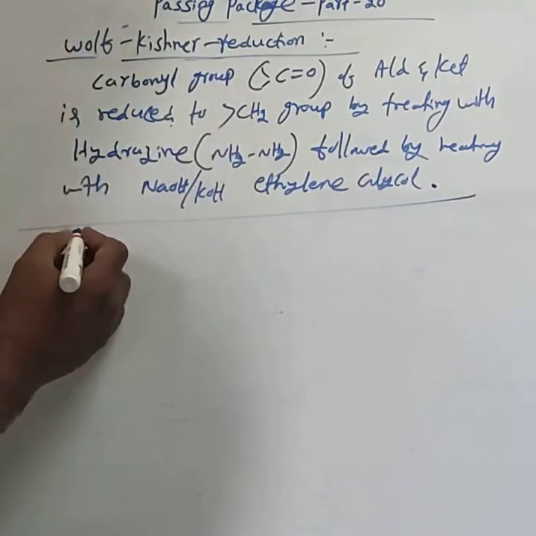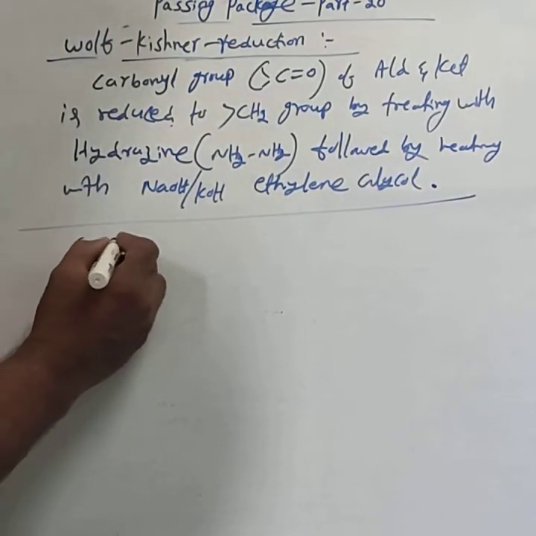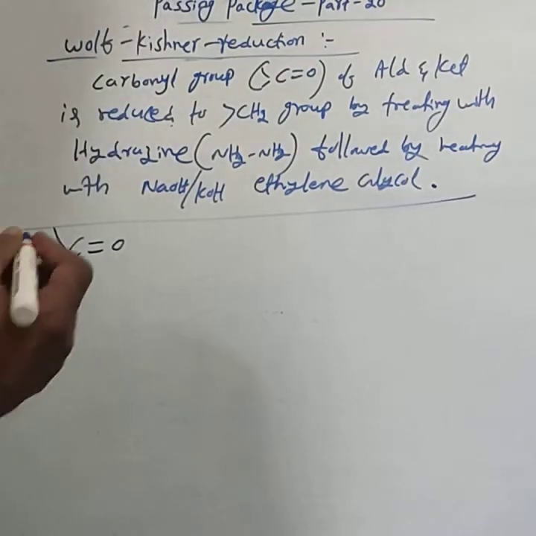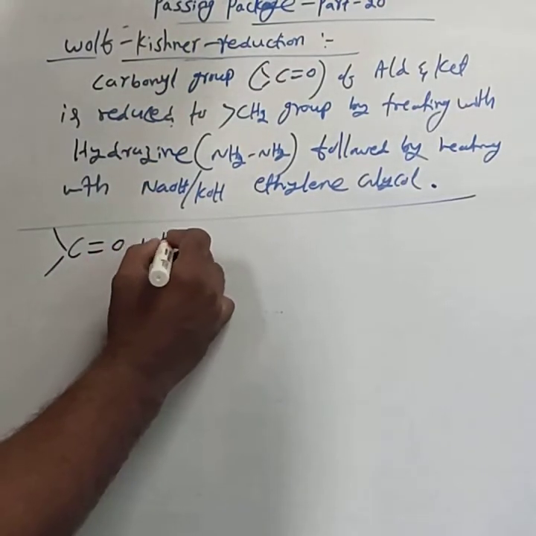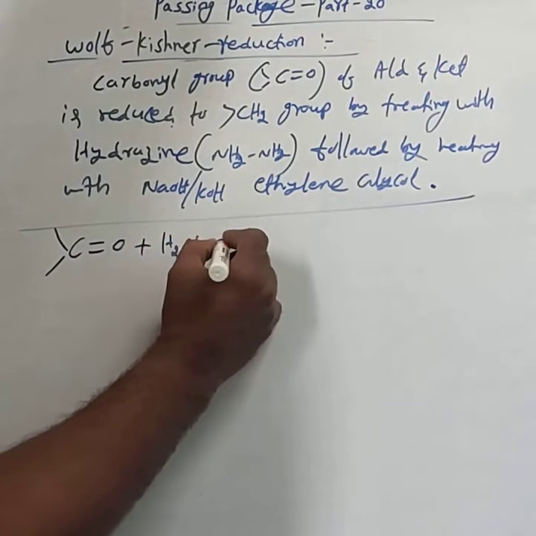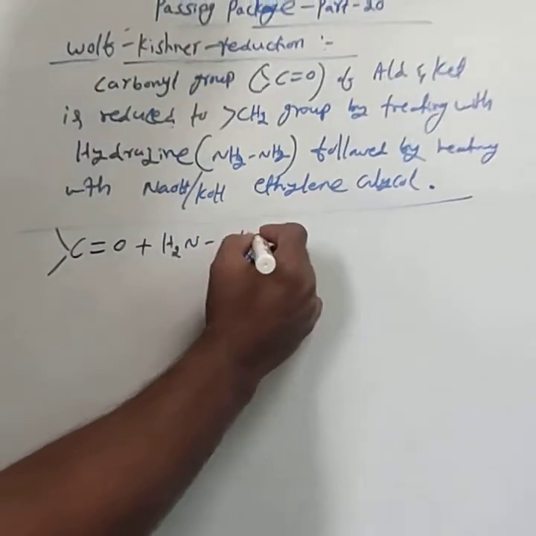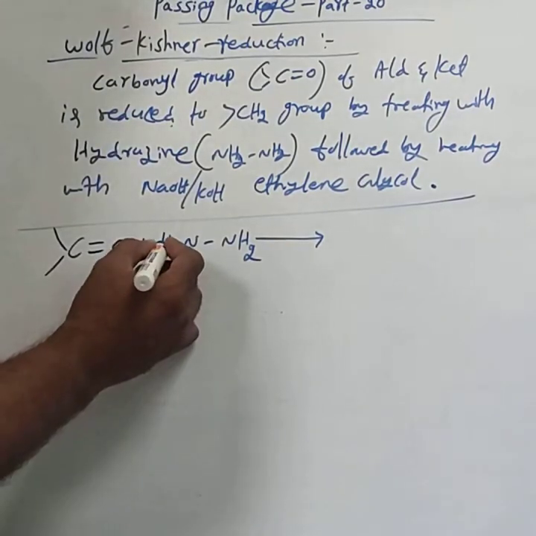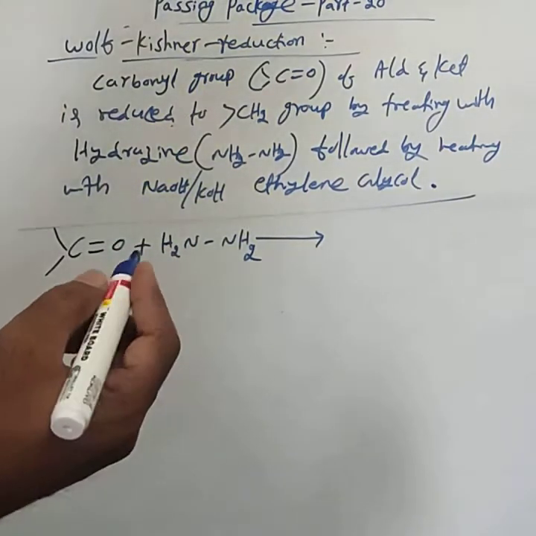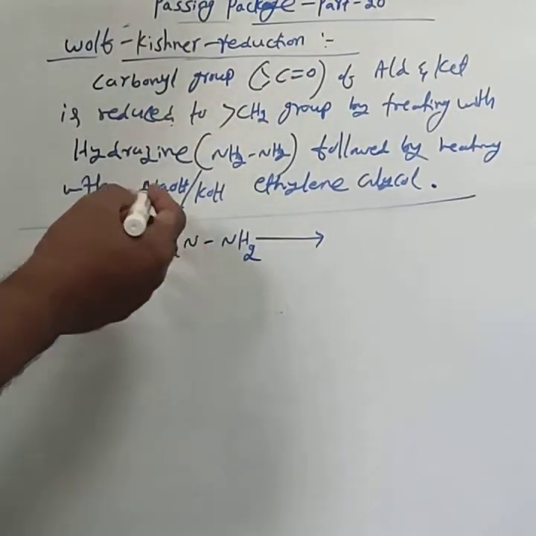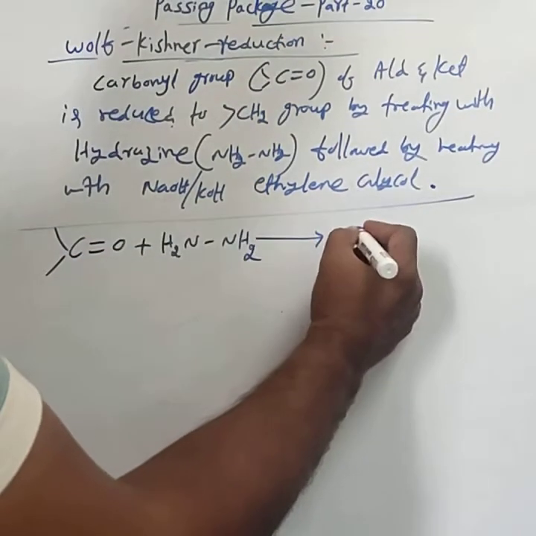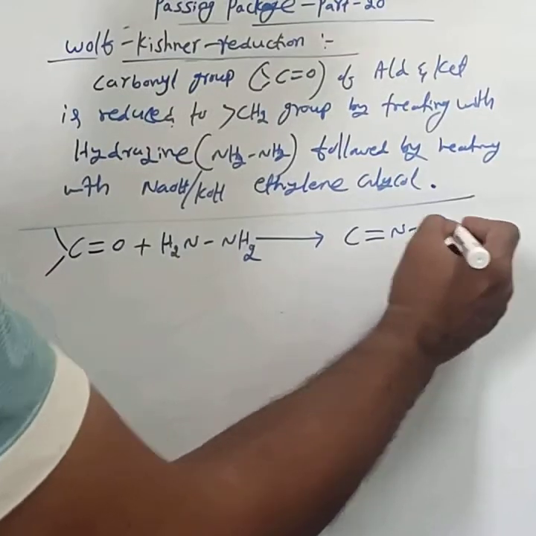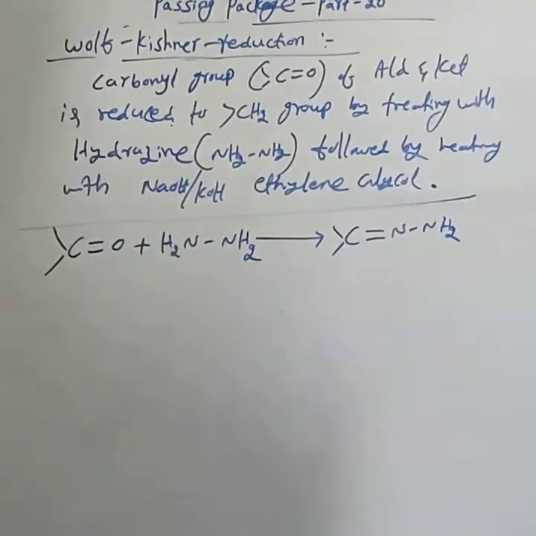Take the general equation. This is the carbonyl compound. First you treat with hydrazine, NH2NH2. That is an example of a condensation reaction. A water molecule is removed, resulting in the formation of a hydrazone.